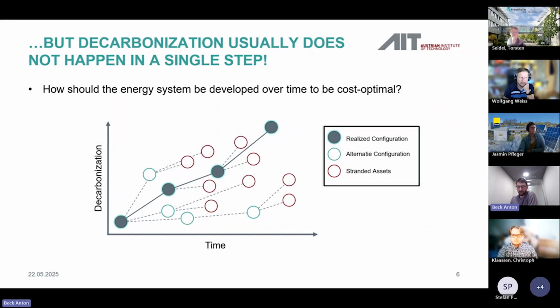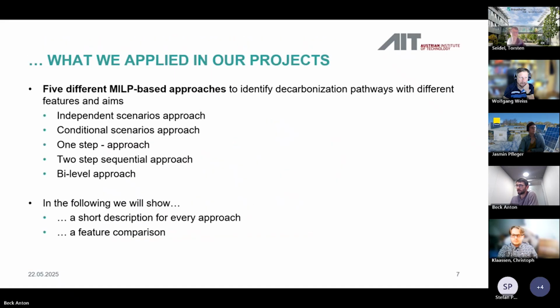We don't want to make investments into equipments that we're not gonna use in the fully decarbonized system, or that are drastically oversized because it makes sense for the intermediate step, but not for the full decarbonized system. And so we have used several approaches over the years. And I will give you a short insight.